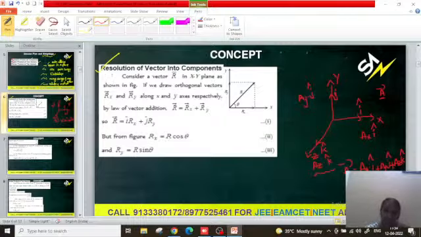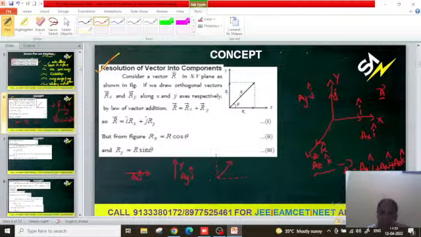Now we discuss the resolution of vector into components. If any vector is along the x axis, you write ax i cap. If any vector is along the y axis, you write ay into j cap. If a vector is not lying along the x axis or the y axis, such a vector is resolved into its components.